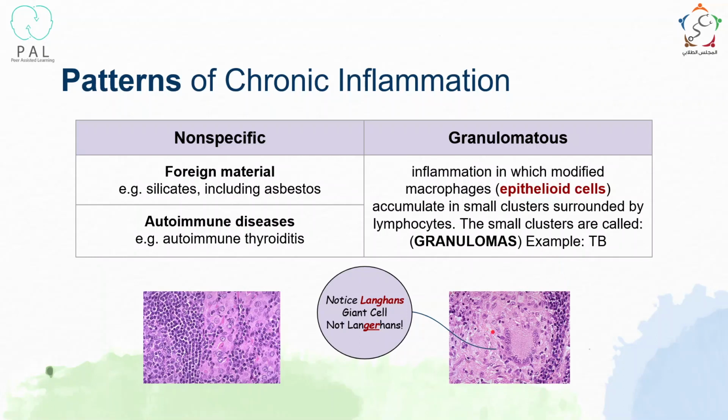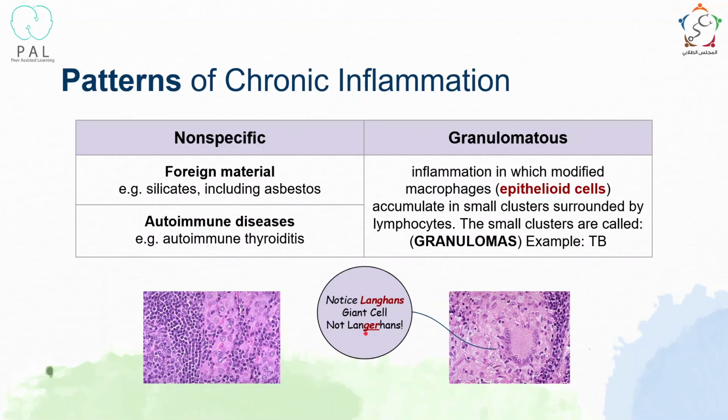And in some cases, these macrophages, these epithelioid cells, might join and form one huge multinucleated giant cell called a Langerhans giant cell. And it generally looks like this. It's kind of like a horseshoe appearance. So this is a Langerhans giant cell and not Langerhans cells. Keep this in mind because Langerhans cells are antigen-presenting cells. You're going to take immunology probably. However, they're not related to this lecture at all.